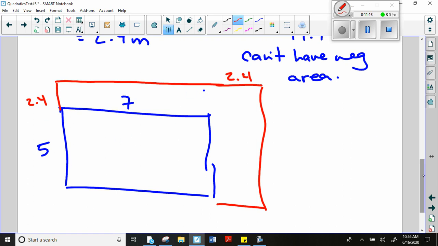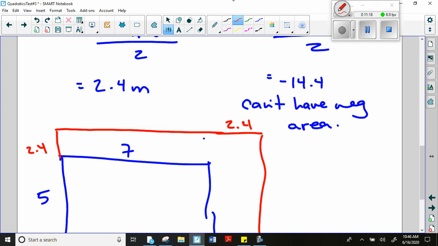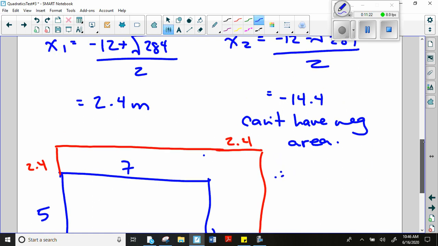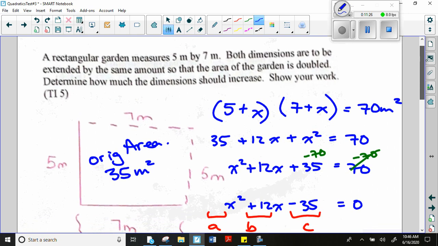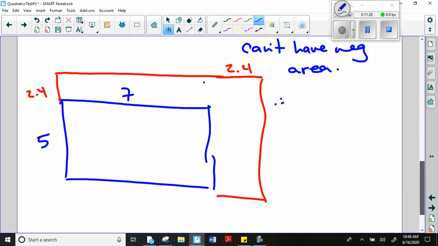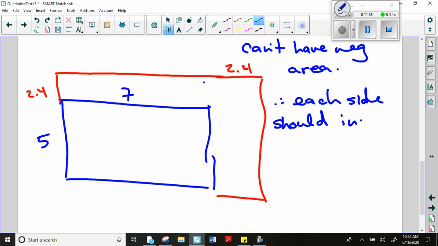Okay? So therefore, what is it? Therefore, each side should increase by 2.4 meters.